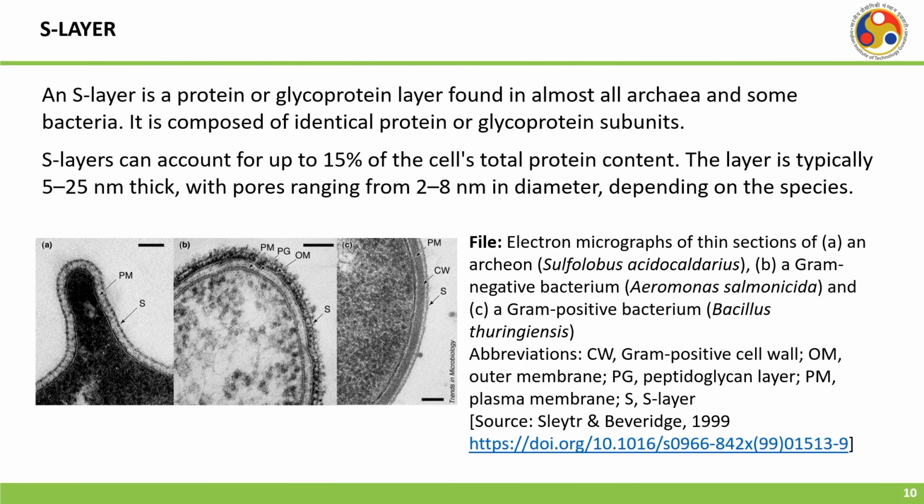In this picture, we can see the electron micrograph of thin sections of an archaeon in figure A, then a gram negative bacterium in figure B, and a gram positive bacterium in figure C, and we can see the various S layers in these different types of bacterial species.